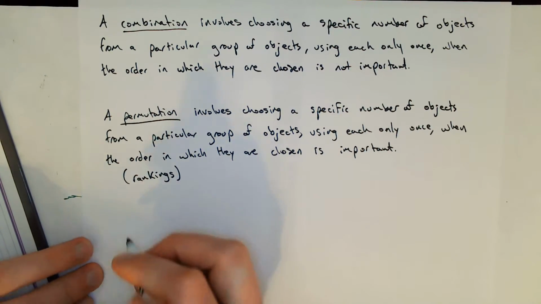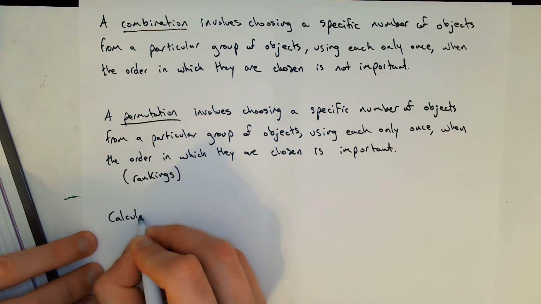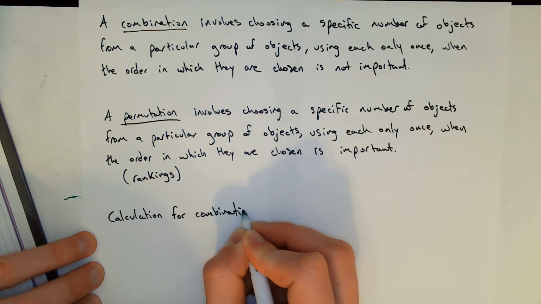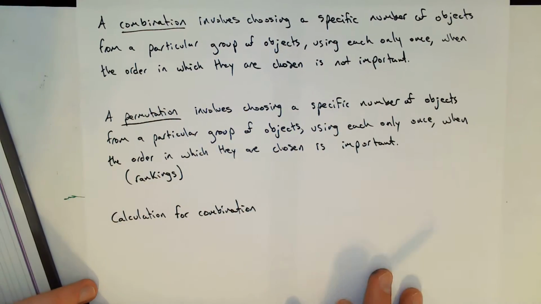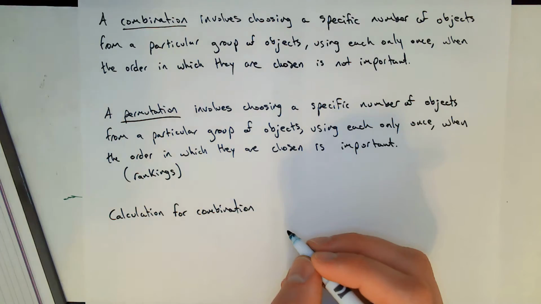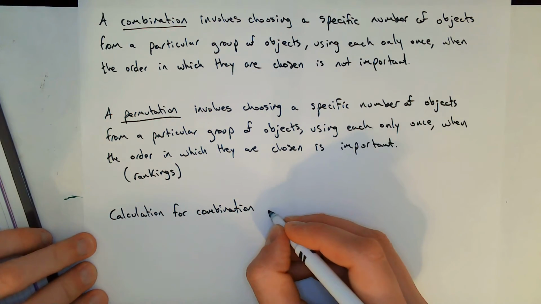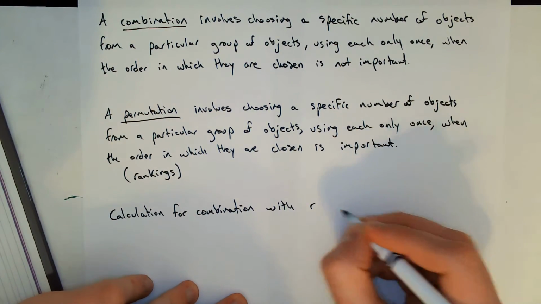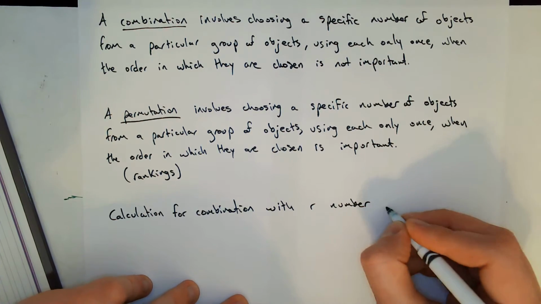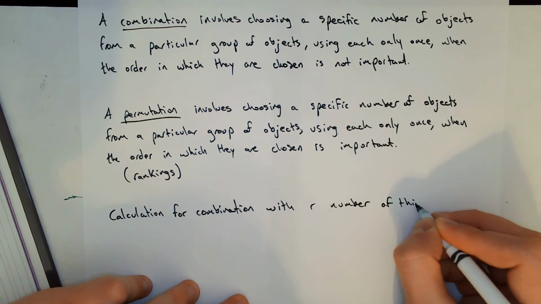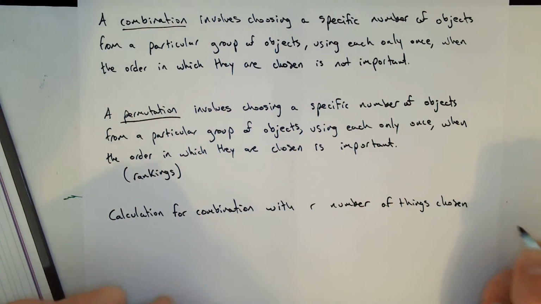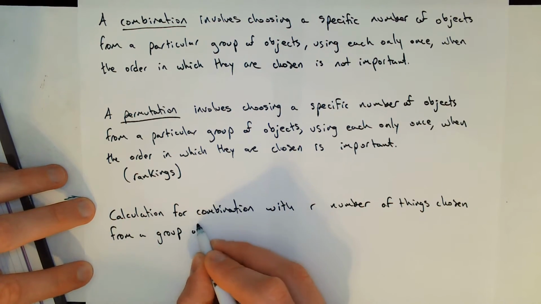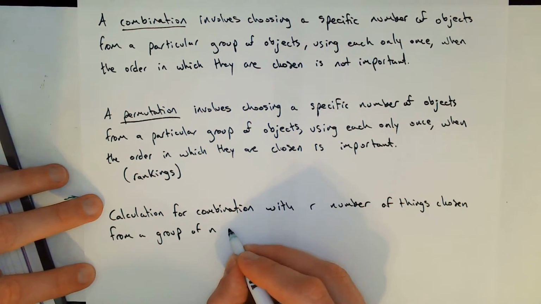So we have the calculation for combination with r number of things, so r is a number of things chosen or picked from a group of n number of objects.